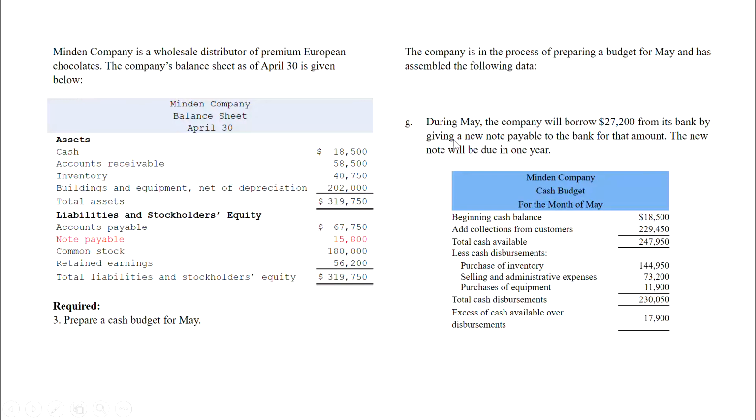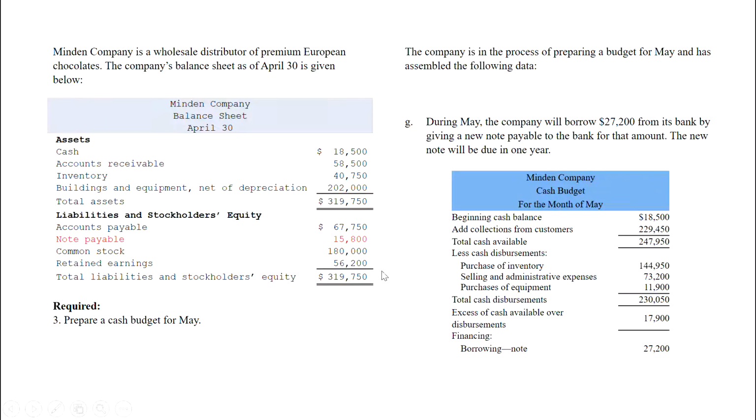It mentions during May the company is going to borrow $27,200 from its bank by giving a new note payable, so it doesn't have anything to do with the existing $15,800, to the bank for that amount. The new note will be due in 1 year. So considering that we borrowed, we're going to have an inflow from the borrowing of $27,200 expected in the month of May.